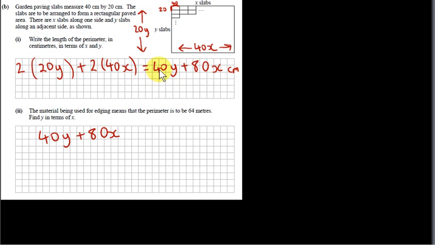So we will be interested in getting the perimeter in meters because we want to equate the perimeter to 64 meters. Well, we could actually convert meters to centimeters. That's probably easier. So 64 meters is how many centimeters? Well, there are 100 centimeters in a meter.